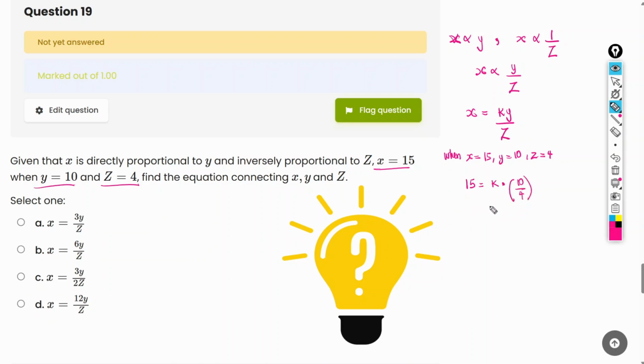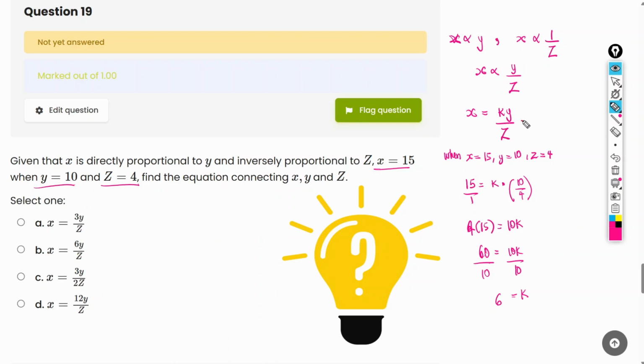I can cross multiply this. I would have 60, that's 4 times 15, is equal to 10k. So 60 is equal to 10k. Divide both sides by 10, and I have k as 6.